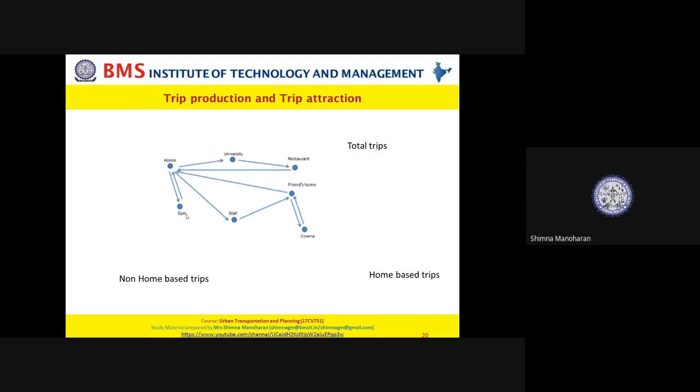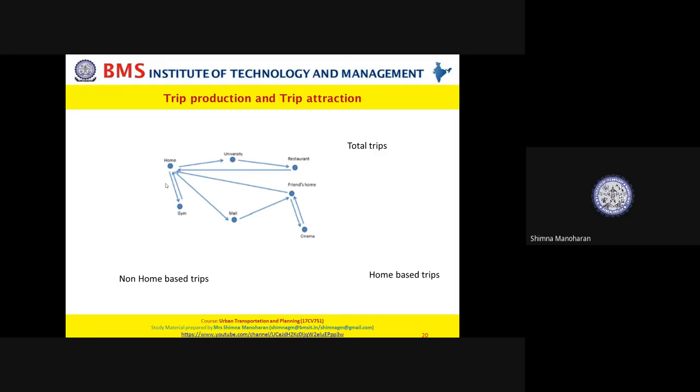Maybe after that, gym. Many combinations will come. In that case, how many trips? That means how many trips from one origin to a destination. So this is one, two, three, four, five, six, seven, eight, nine, 10. Yes, ma'am, you get 10 trips.